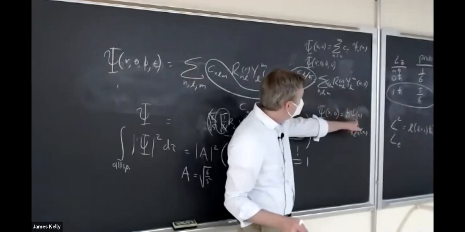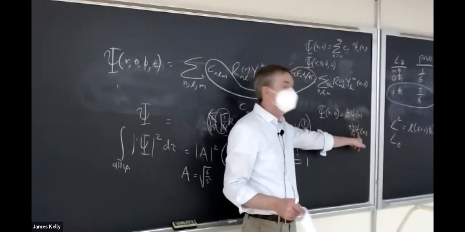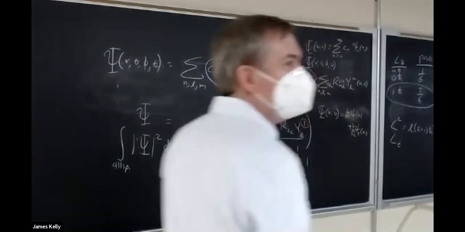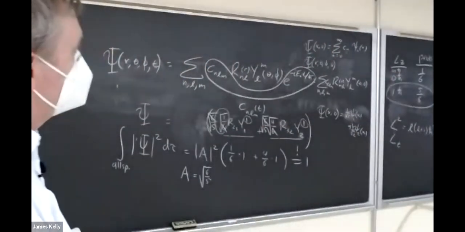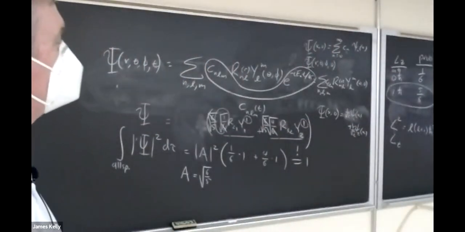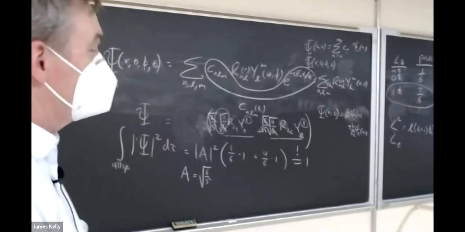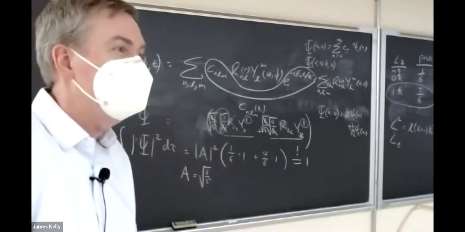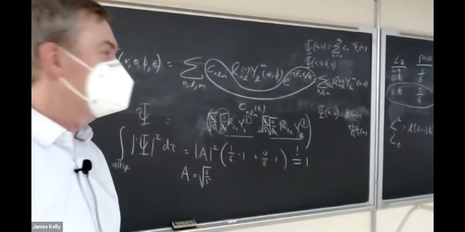If I said at time t equals 0, I'm in a linear combination of the first excited state and the second excited state, let's say. Suppose we're talking about harmonic oscillator kinds of states. If you're in a linear combination of the first and second excited states of the harmonic oscillator, that's a perfectly definite state. There's no more information I could give you about what the particle is in at that time.